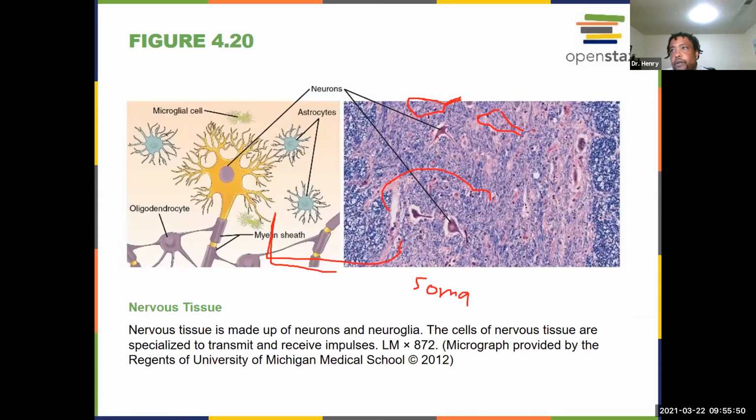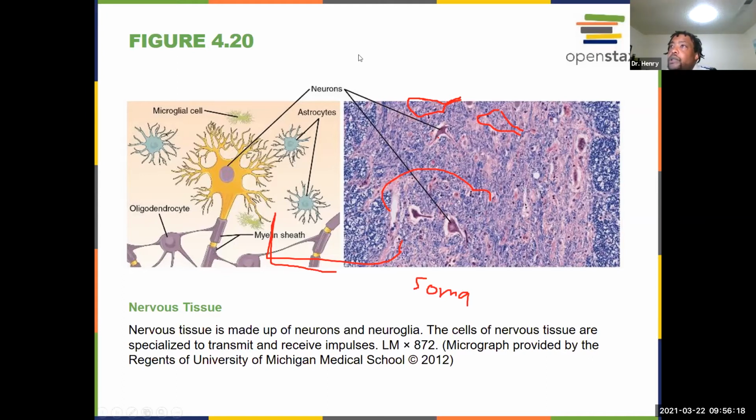Okay. Now, this is the makeup of nervous tissue, right? So we have neurons and we have the neuroganglia that are going to make up our nervous tissues. The neuron is going to be responsible for the transmission. The neuroganglia is going to be responsible for receiving, okay?